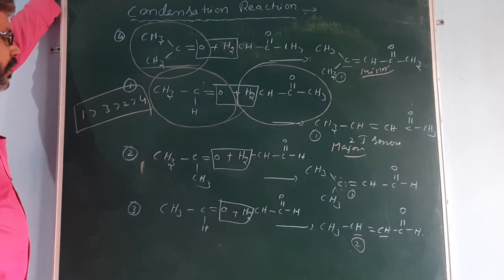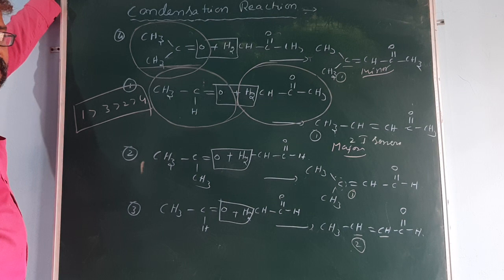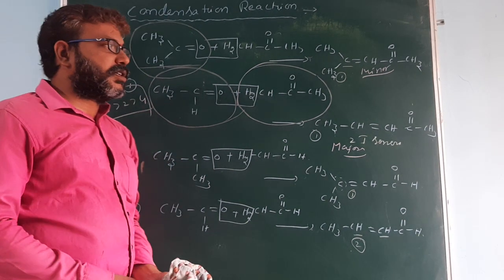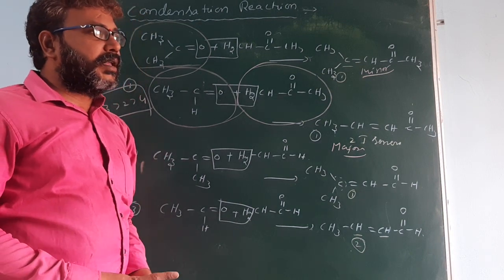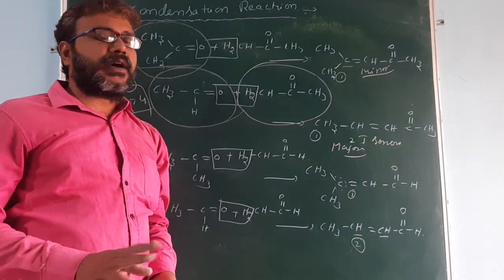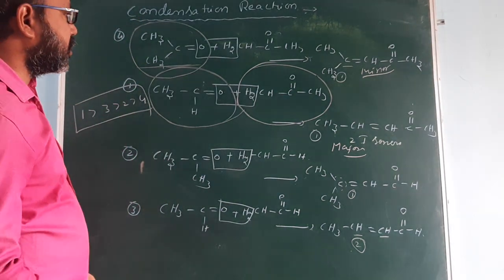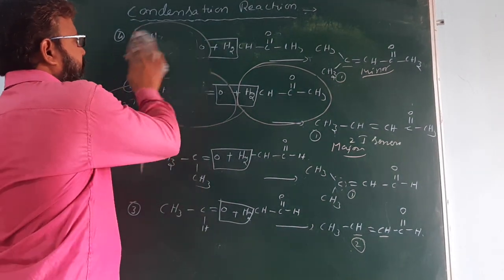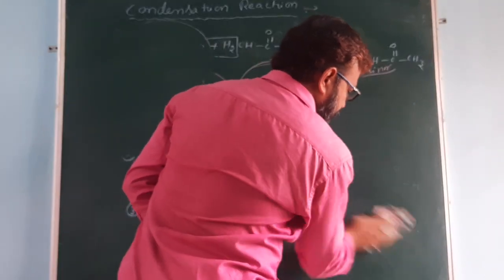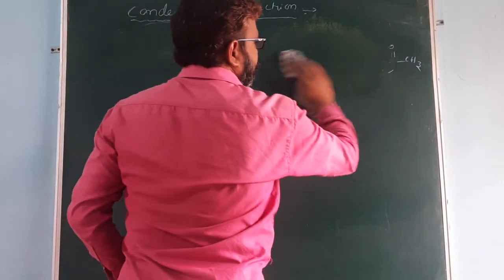In crossed aldol condensation, both carbonyl compounds have alpha hydrogens, and the crossed aldol condensation product is always major. Now, the number of products depends upon the type of alpha hydrogens.